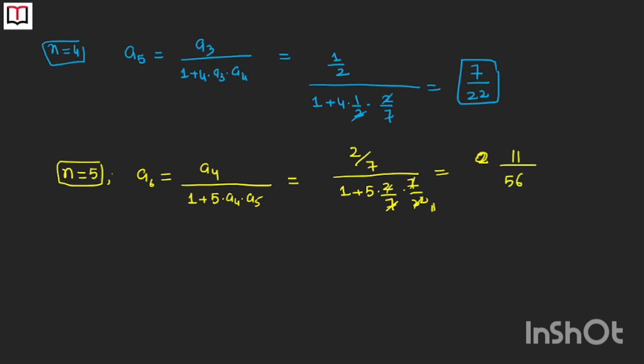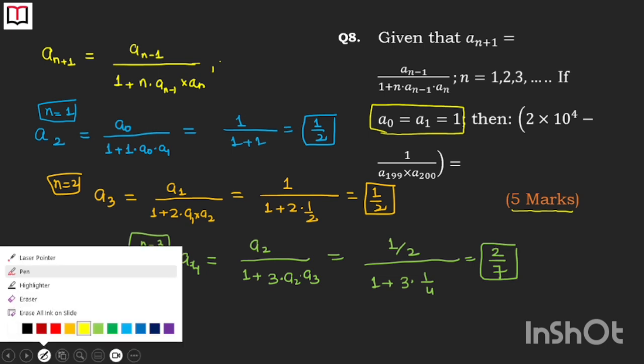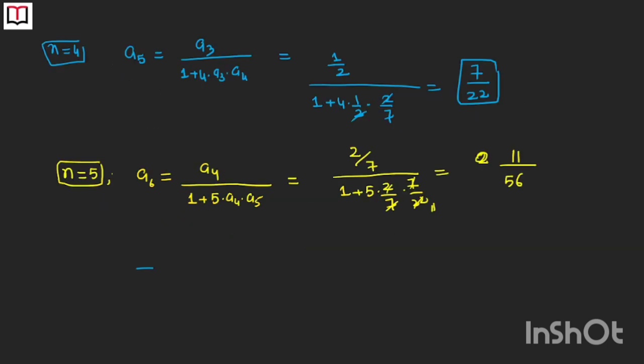Now see, what do we need? This actually holds the key, students: 1 by a199 into 1 by a200. So what does that hint to us?